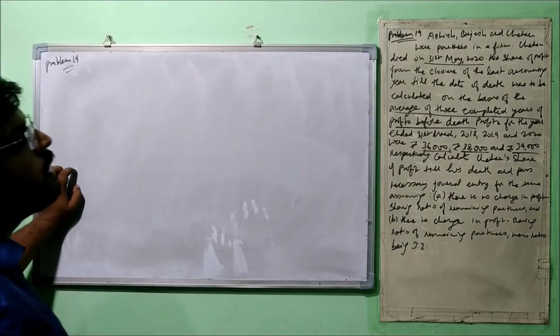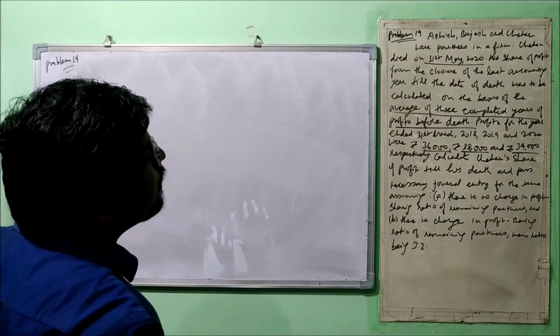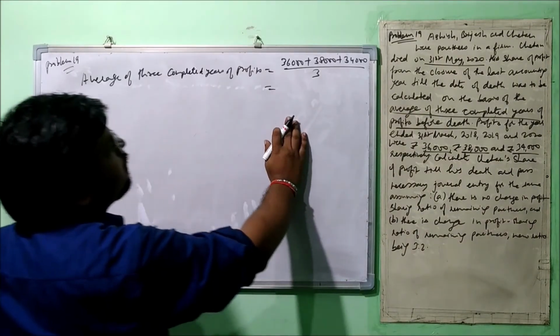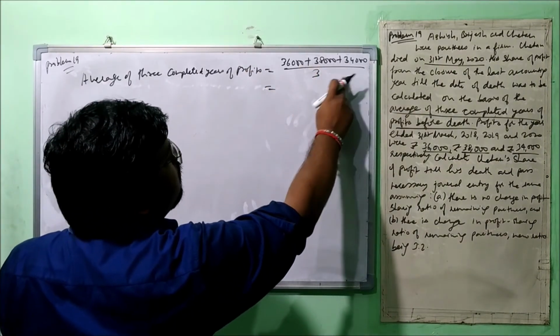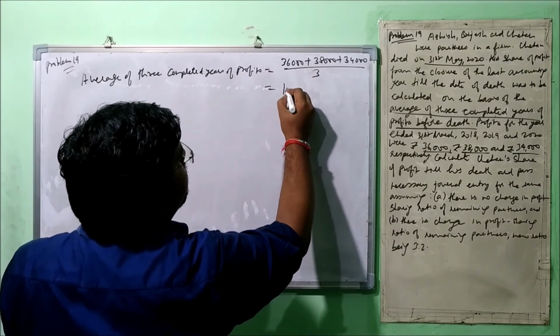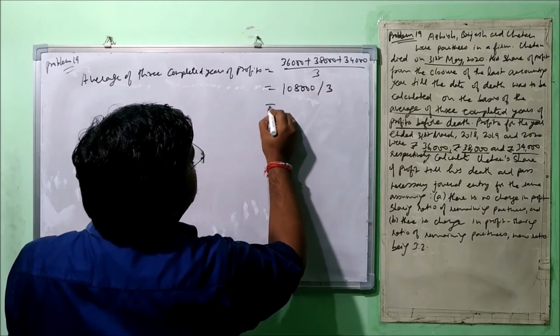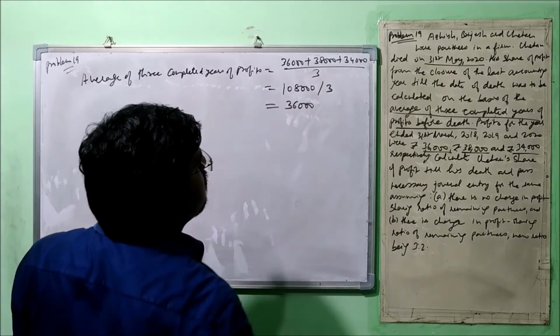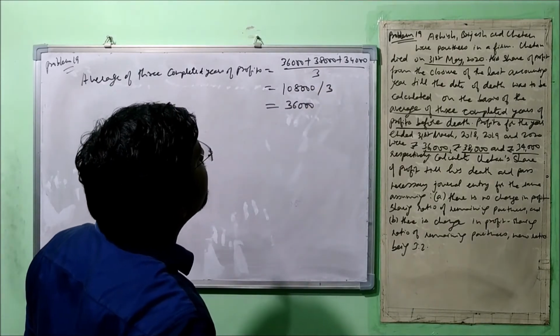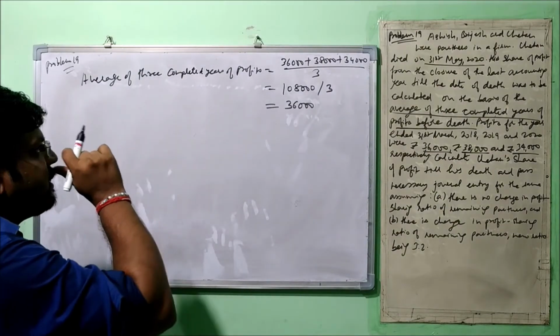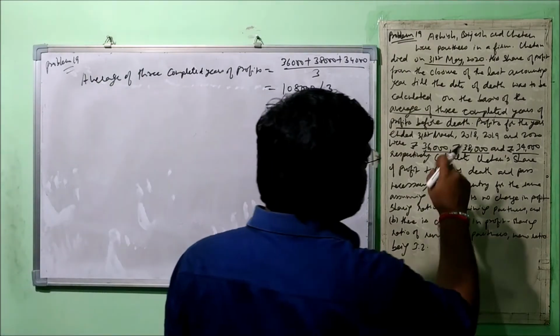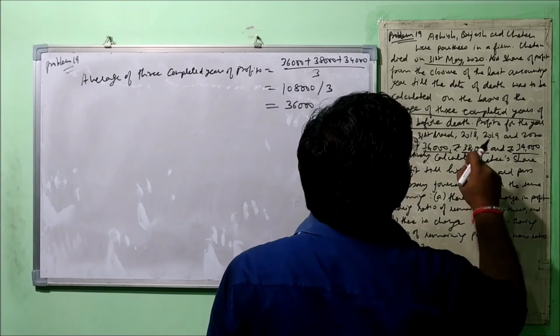Very first, we will calculate the average of 3 completed years of profit. Alright, so after adding these 3, we'll divide it by 3. After adding, it comes out 1,08,000, and when we divide it by 3, then we get 36,000. Fine, that is the average profit of these 3 completed years. Now we will calculate the period.